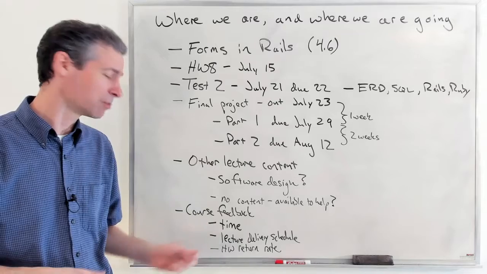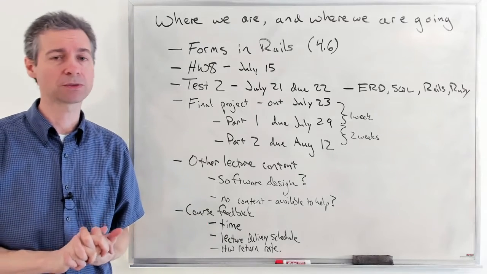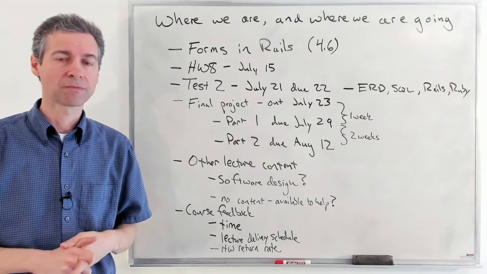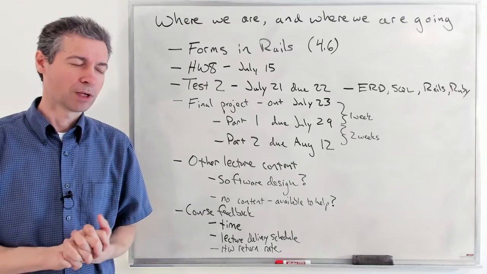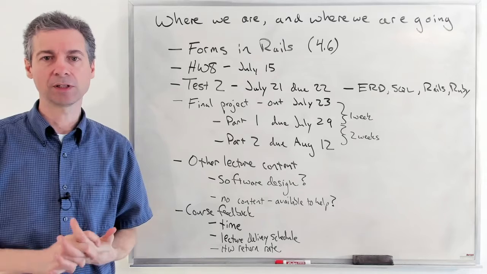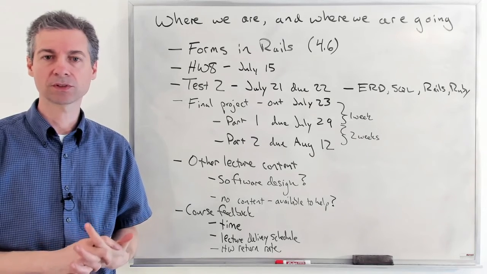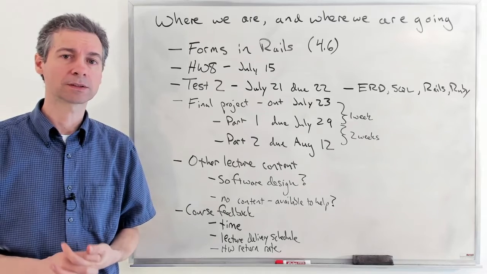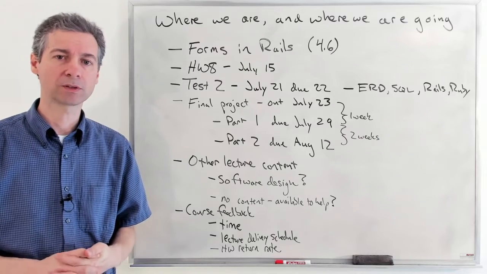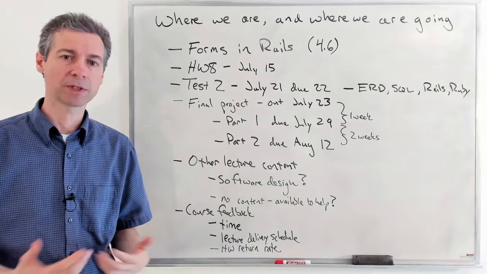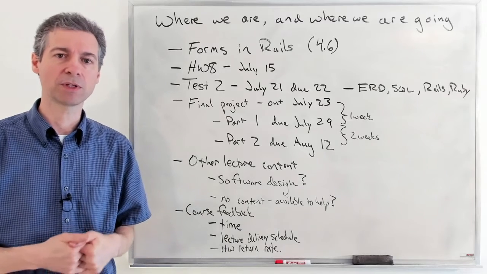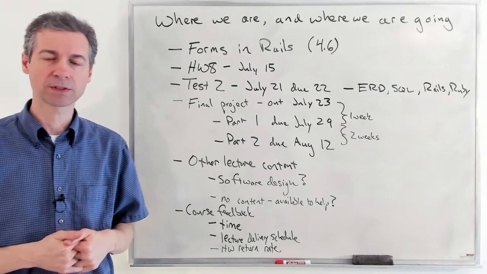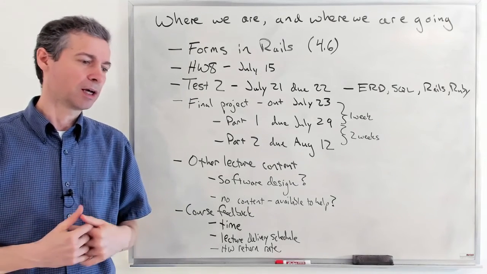And I know the other really big thing, and it's really frustrating to you, it's really frustrating to me, is how long it's taking for homework to get returned to you. There are several reasons for that. I think the biggest, probably core reason is the pandemic and the difficulty it is for the TAs to be working remotely and that sort of thing. It slows them down.